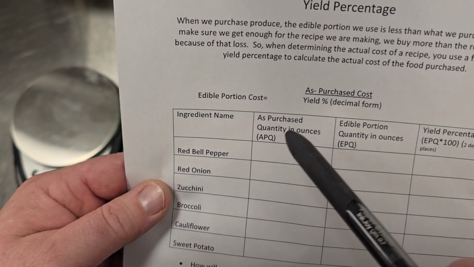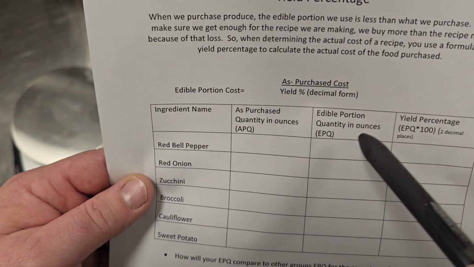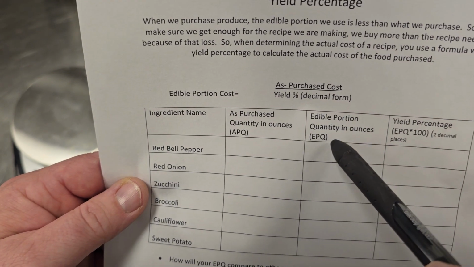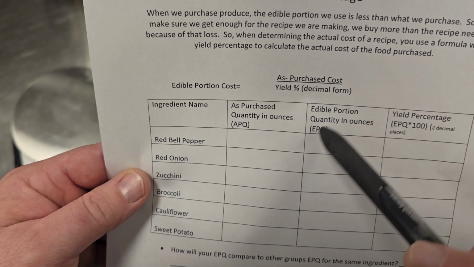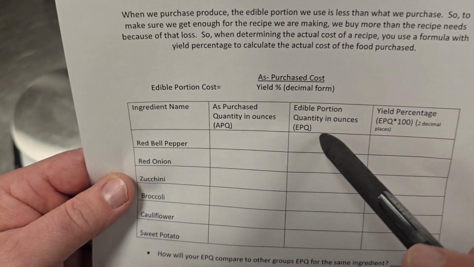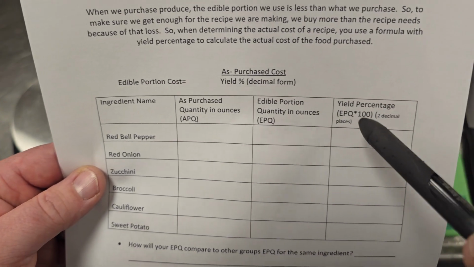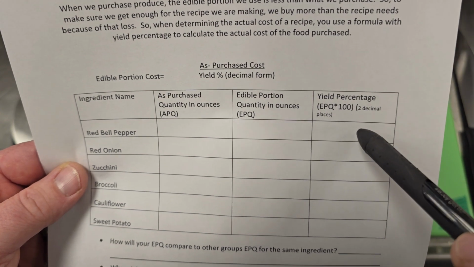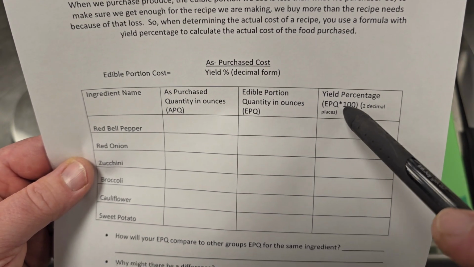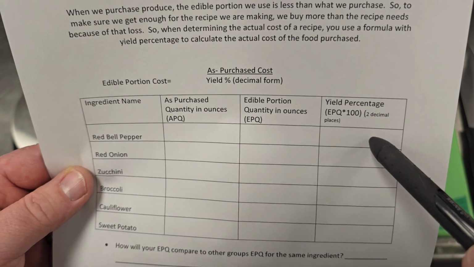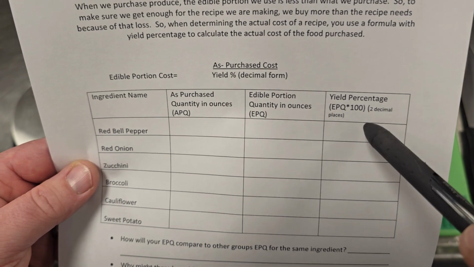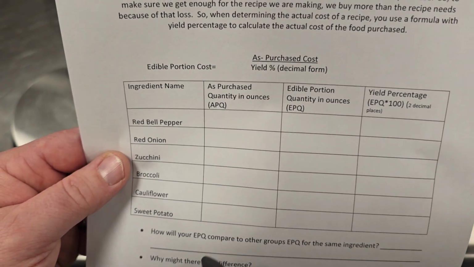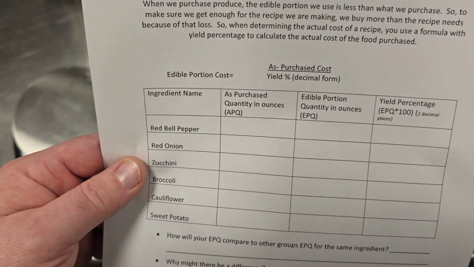But what you're going to record is as purchased quantity, edible portion quantity. And when you divide those numbers together, you will end up with a yield percentage in a decimal form. Multiply it by 100. And that will tell us what our yield is for each one of these things. Okay, let me show you what it looks like.